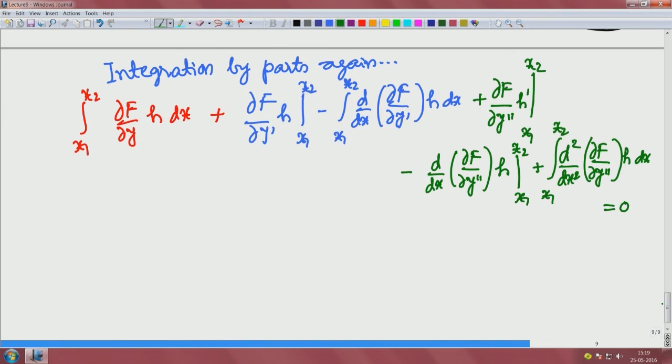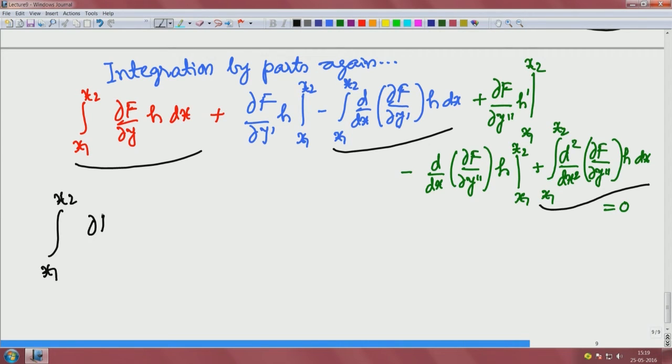Okay. Now, we can collect all the terms. There are integral terms. So, this is an integral and this is an integral, this is an integral. Let us collect all of them as one, x1 to x2, what I have is dou f by dou y, this has h, this has h, this has h. So, we will take h out.